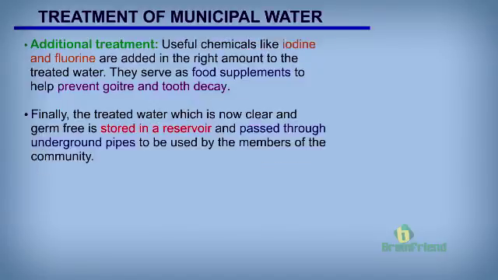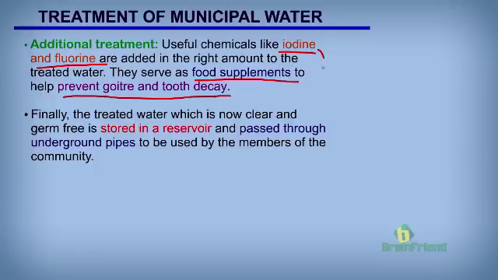Now, an additional treatment is given to water when it is already clear and germ-free. Useful chemicals like iodine and fluorine are added in their right amounts to this treated water. These chemicals are important because they serve as food supplements to help prevent goiter and tooth decay, respectively.